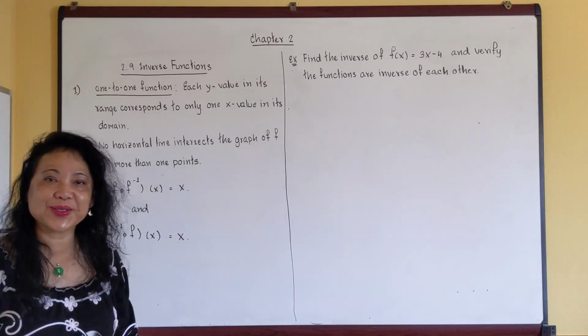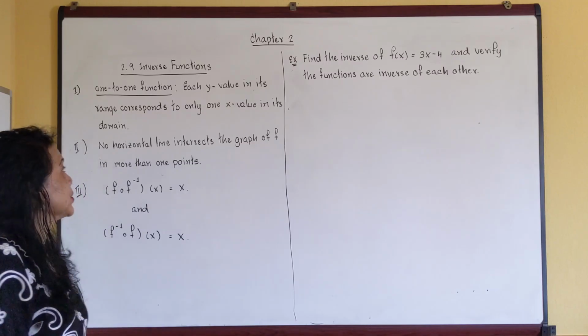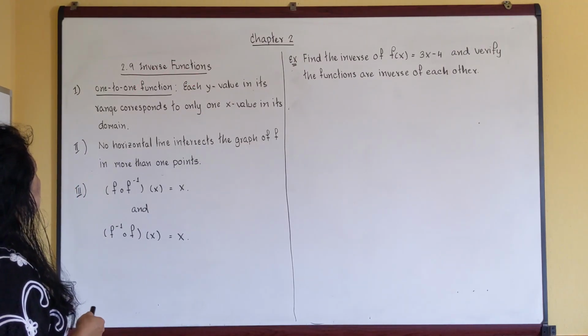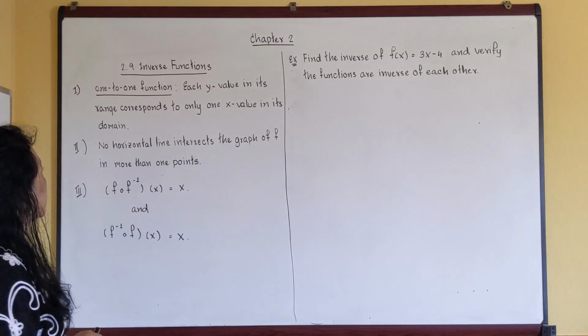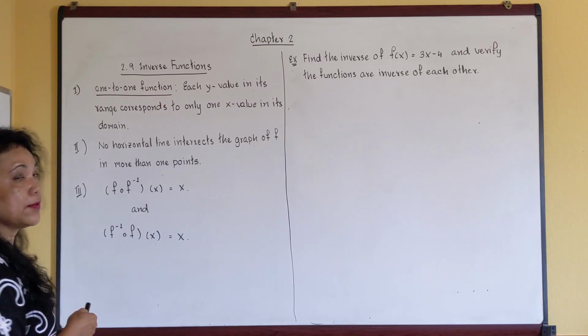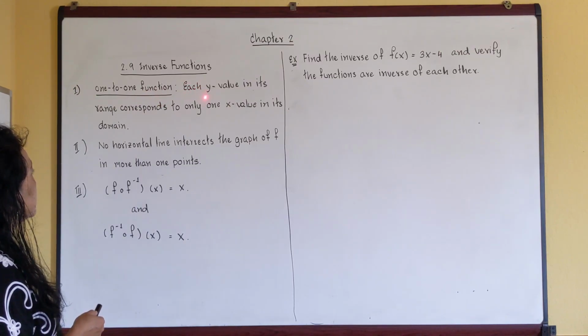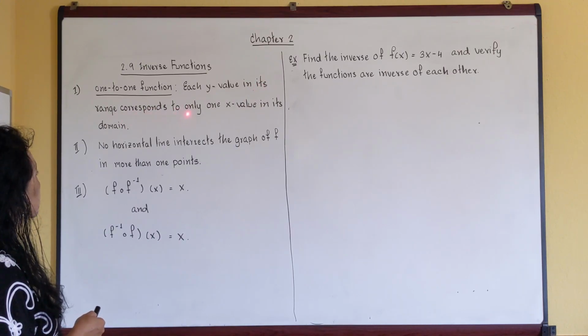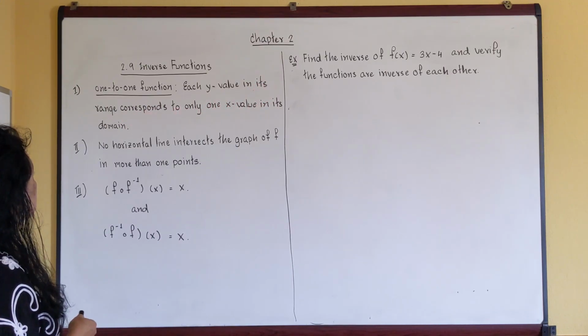Hey everyone, let's go to our last section of chapter 2, the inverse function. First, one-to-one function. The definition of one-to-one is that each y value in its range corresponds to only one x value in its domain.